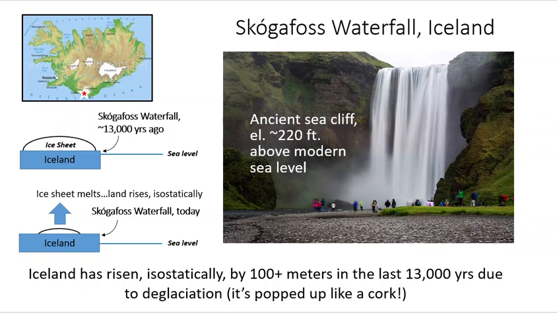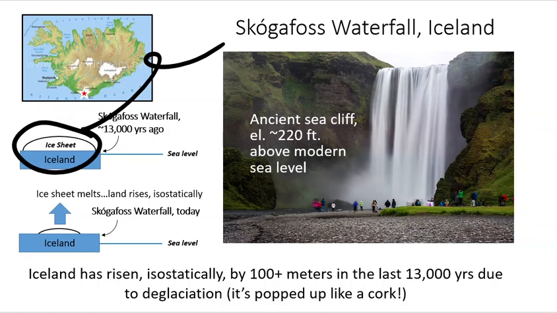And so in this simple model that I'm presenting, it's not so much that sea level is changing. What's happening is the island is rising isostatically due to the removal of the ice from the top of the island around 13,000 years ago.